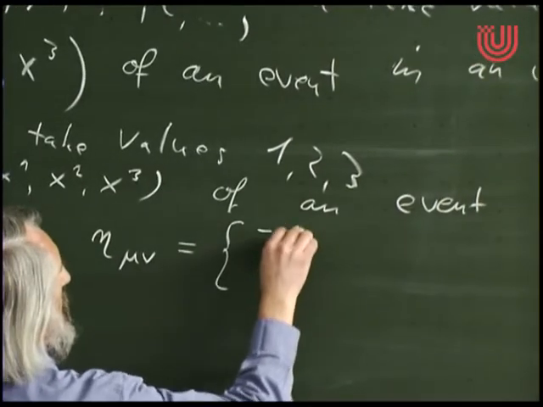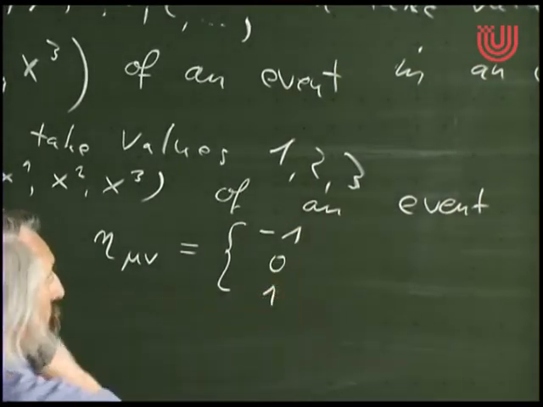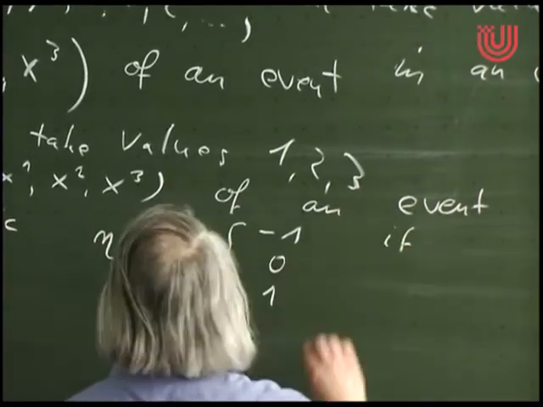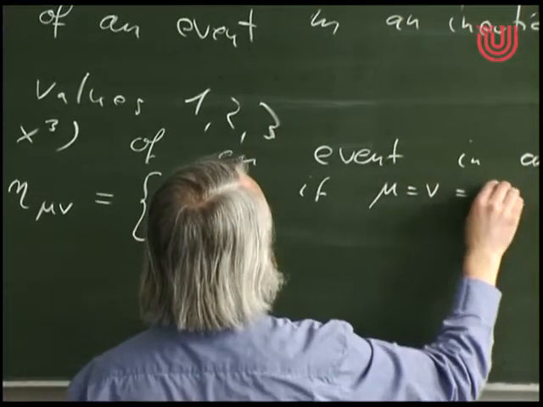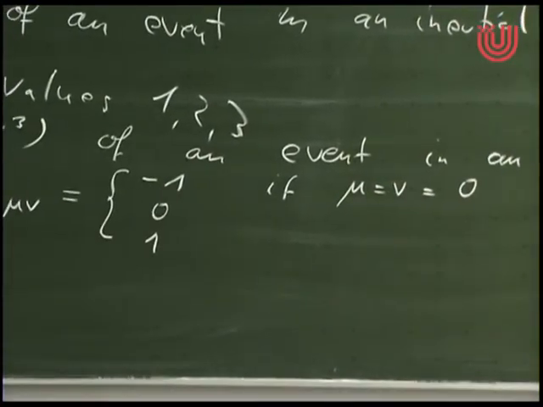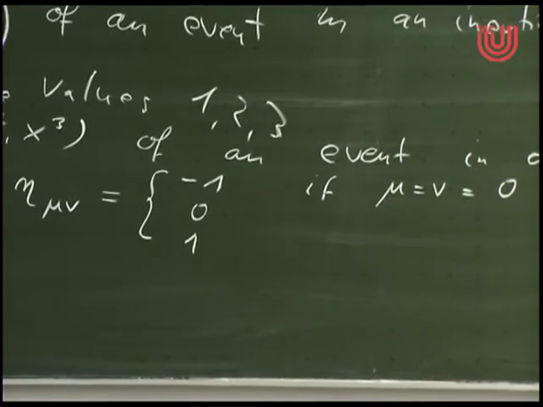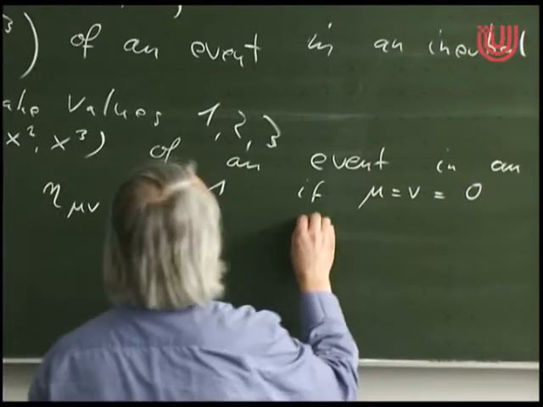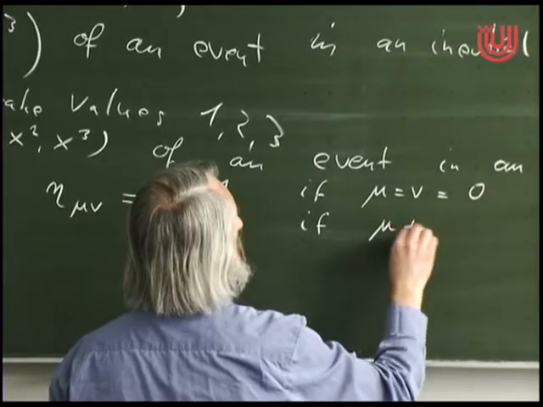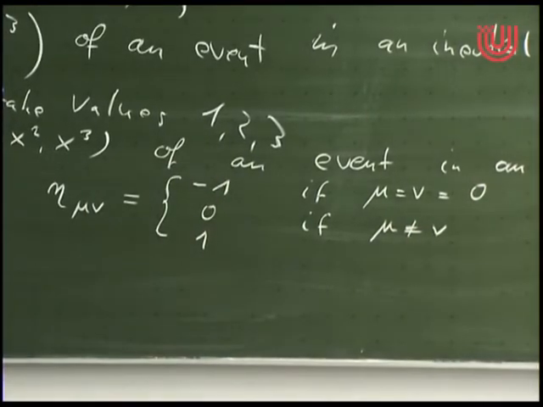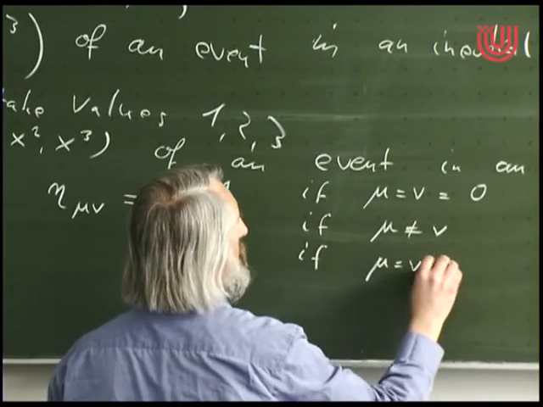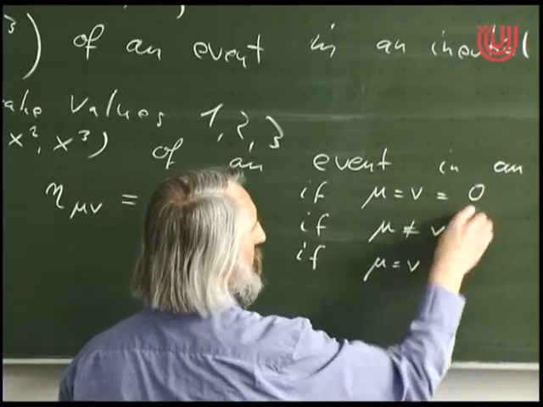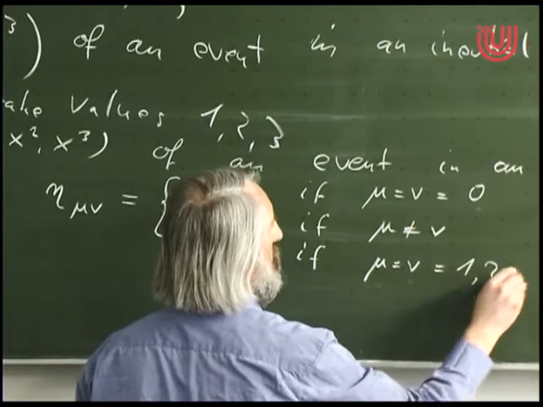This is supposed to be -1, 0, or 1, depending on the following. If mu equals nu equals 0, so the naught component is -1. This is 0 for all non-diagonal elements, and +1 we have if mu is equal to nu but not 0, so it's either 1, 2, or 3.